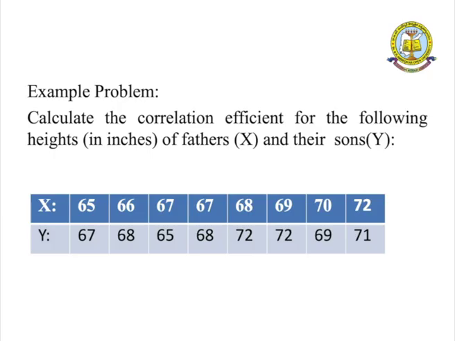The x series represents the fathers' heights: 65, 66, 67, 67, 68, 69, 70, 72. The y series represents the sons' heights: 67, 68, 65, 68, 72, 72, 69, 71.